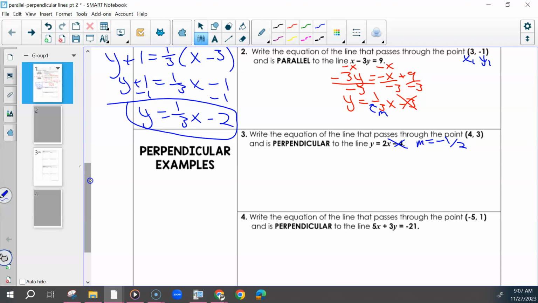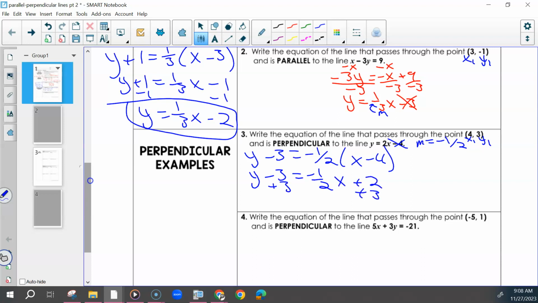If you don't change it in your equation, then your work is wrong and your equation is wrong, so be careful with that. So change your slope and now put it into the equation. Y minus 3 equals -1/2 times x minus 4. Distribute and solve. Your final equation should be y equals -1/2 x plus 5.